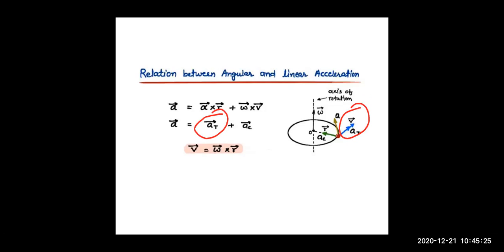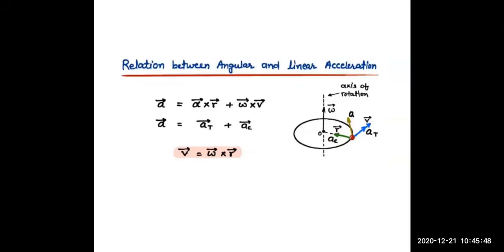So same will be the direction of the tangential acceleration. And talking about the centripetal acceleration, it will be directed from the position of the particle towards the center of the circle. This was about the direction.